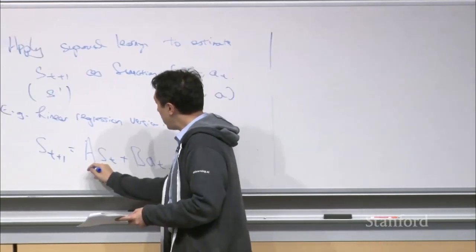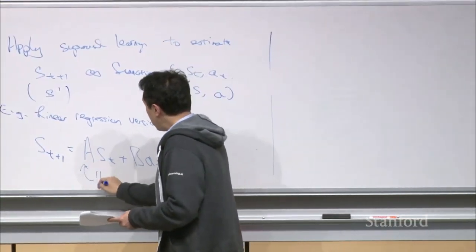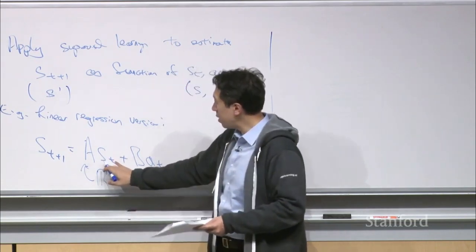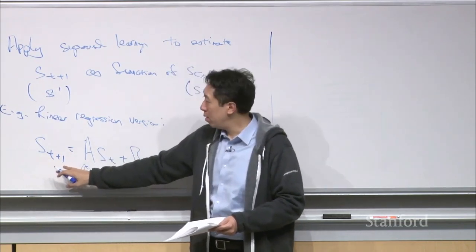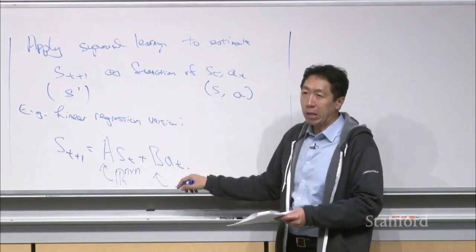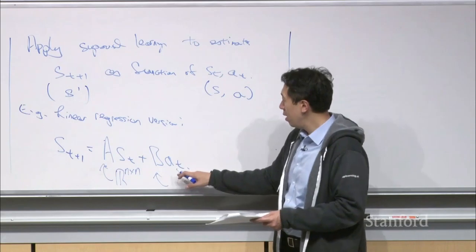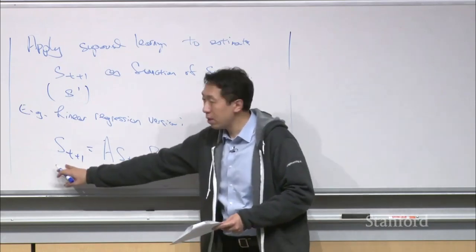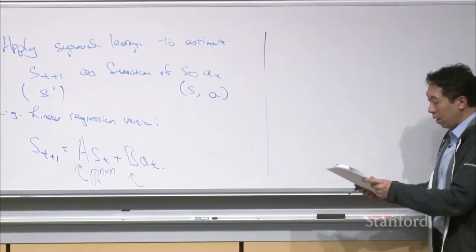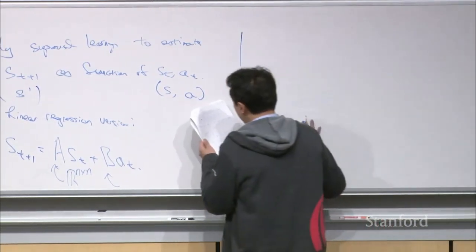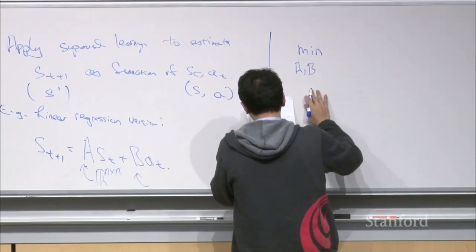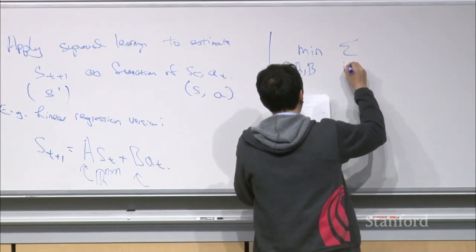And so I guess A here will be an n by n matrix because the state space is n-dimensional, so A is a square matrix, and B will usually be a tall, skinny matrix, whose dimension is the dimension of the state space by the dimension of the action space, right? And so in order to fit the parameters A and B, you would minimize with respect to the parameters A and B of this.